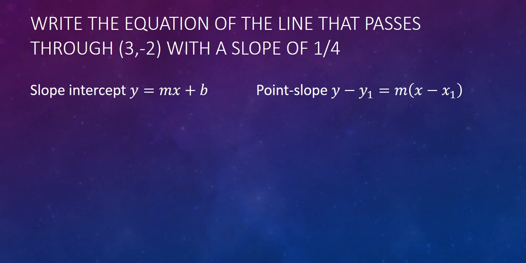So let's see another example. Write the equation of the line that passes through the point (3, -2) with a slope of 1/4. So remember the slope is m, so m is 1/4. So I am going to use my point again, my x and y values.